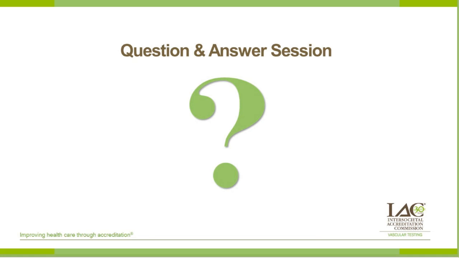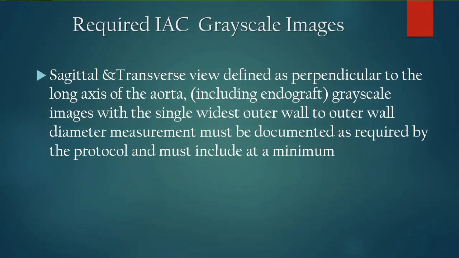So we'll go back here to our scanning. Sorry not to make you nauseous, buzzing through these images, but in our sagittal and transverse images, we measure outer wall to outer wall, the largest diameter. This is a requirement not only for aortic studies, but for these endografts as well. And you want to make sure you're perpendicular to the long axis of the aorta.